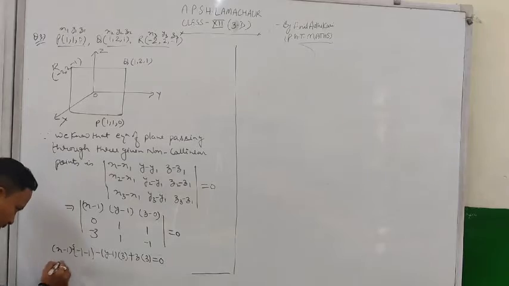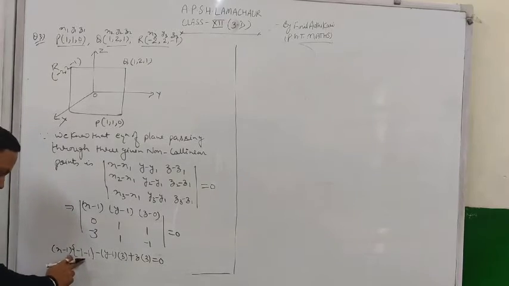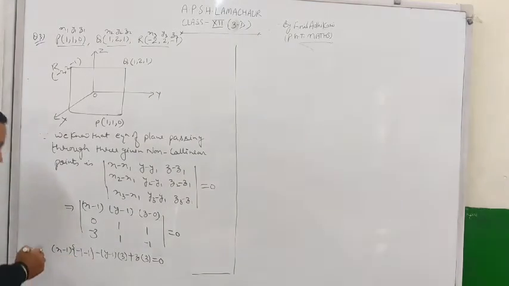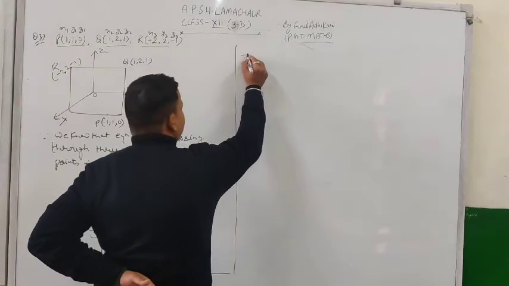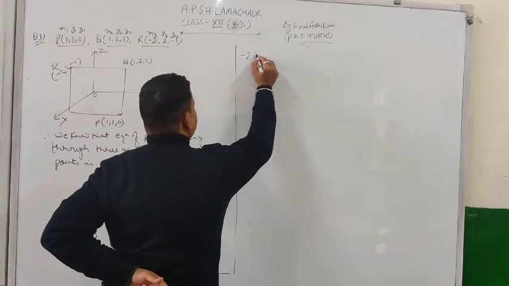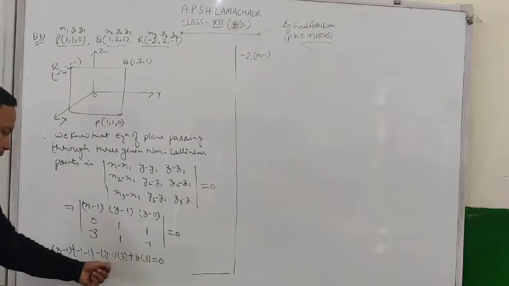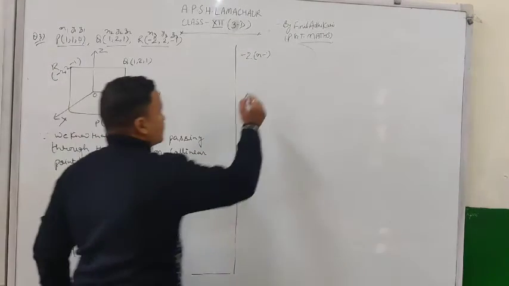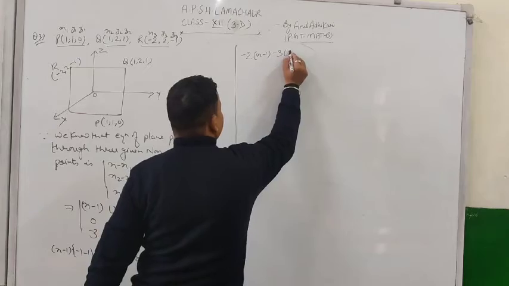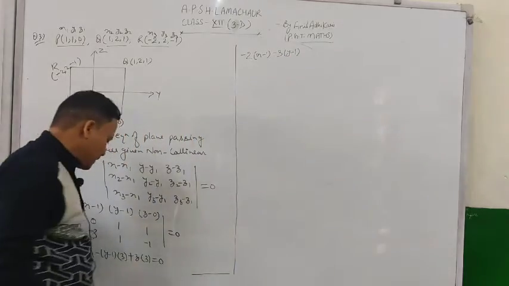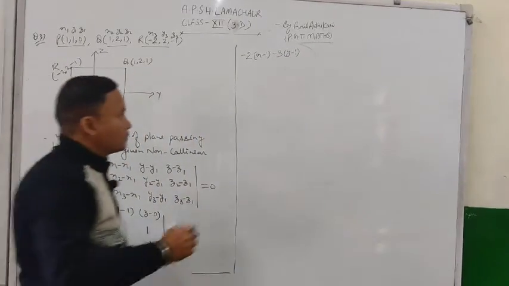So the required answer is: this will be minus 2, this will be minus 2. So minus 2 times x minus 1, and here minus 3 times y minus 1, and here 3z equal to 0.